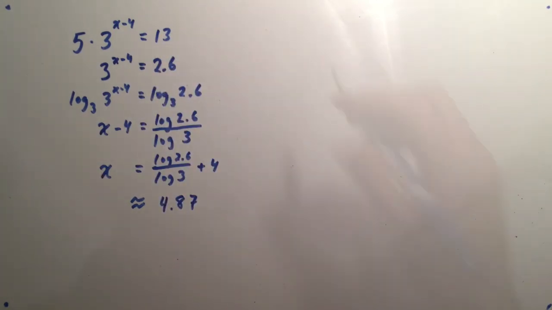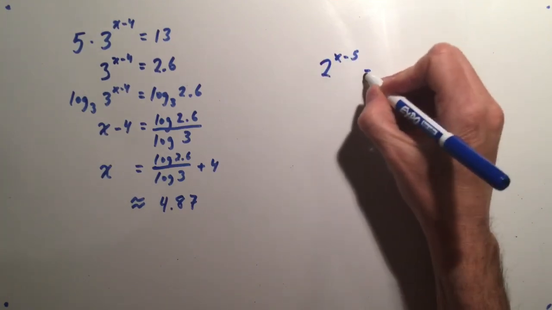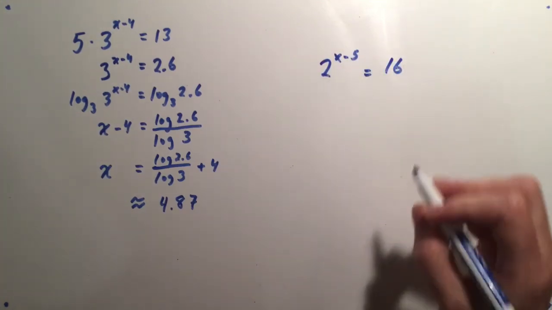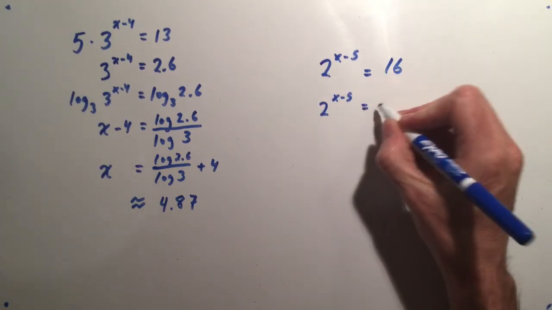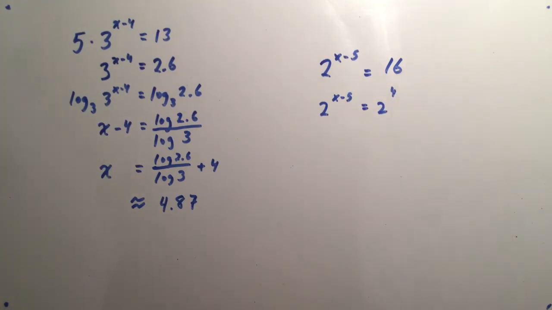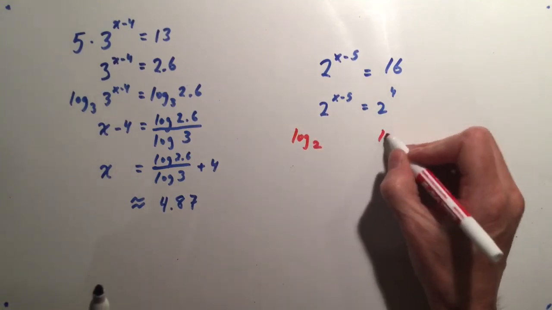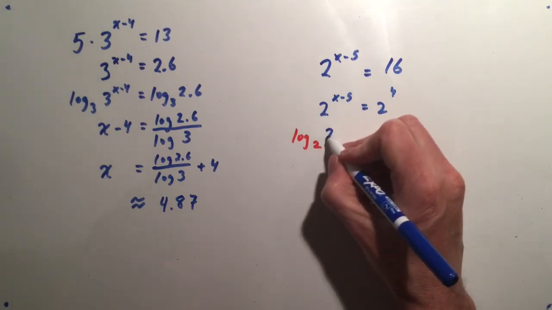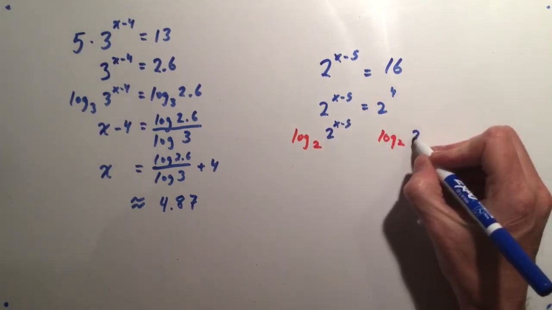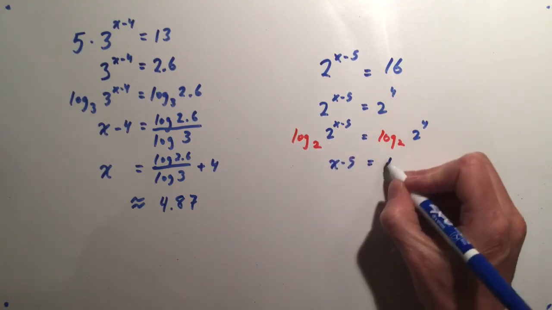and see if you're right. It is probably worth noting that if you go back to the first problem we did today, we look at this and we rewrite this given the same base, 2 to the 4th, that essentially what we're doing, we take log base 2 of both sides, and we get x minus 5 equal 4.